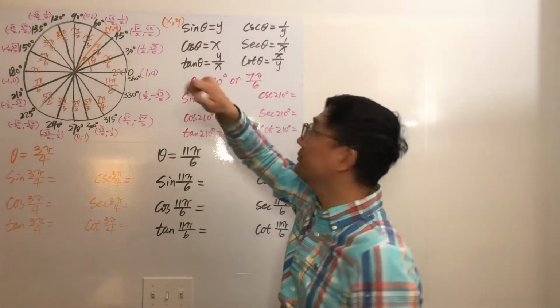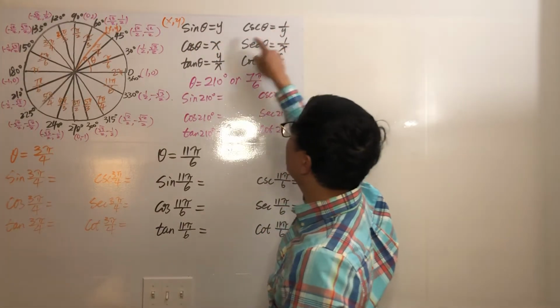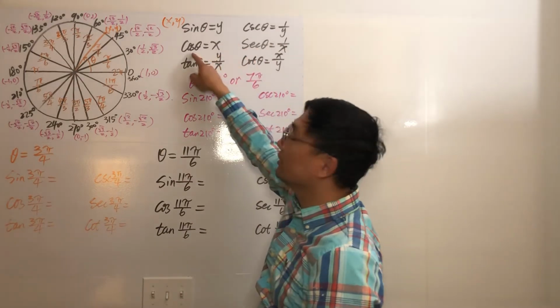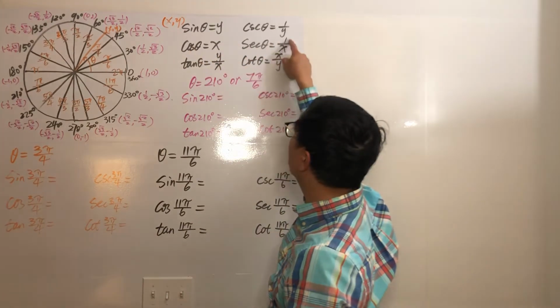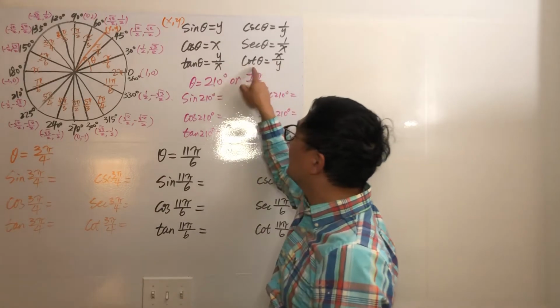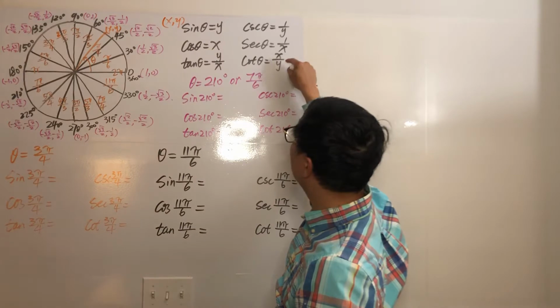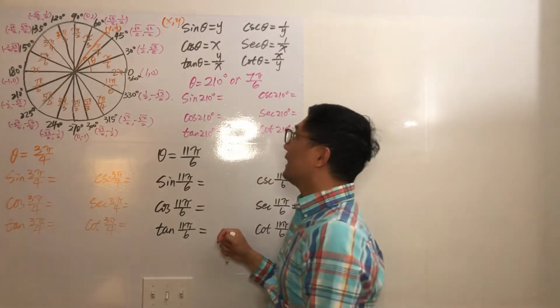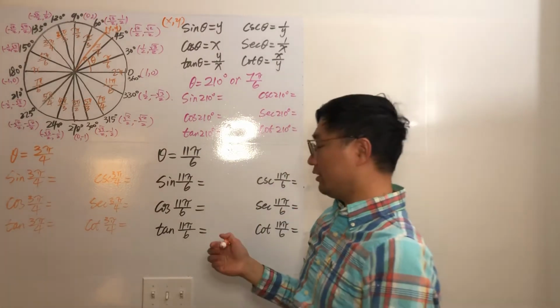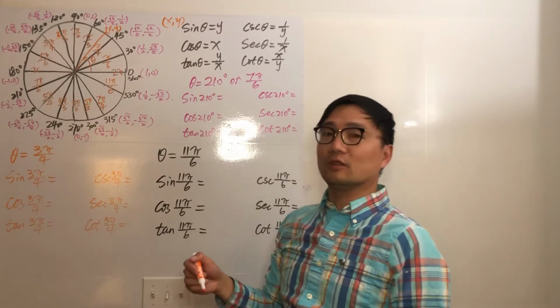That means flip, so 1 over y. Secant is the reciprocal of cosine, that means 1 over x. Cotangent is the reciprocal of tangent, that means flip, x over y.